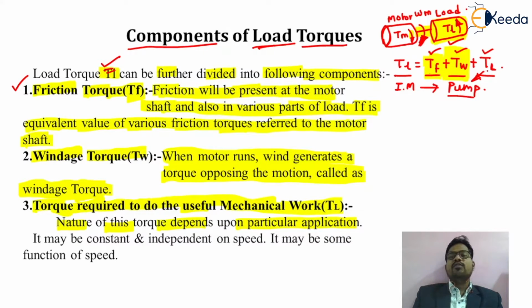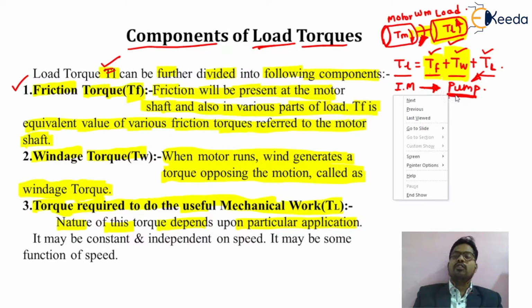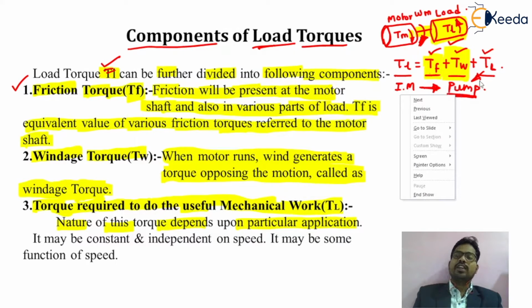Sometimes the value of such torque is constant and independent of speed, and sometimes it is a function of speed. Whether it is dependent or independent depends upon its application. If the application is different, then the dependency of such load torque is different.